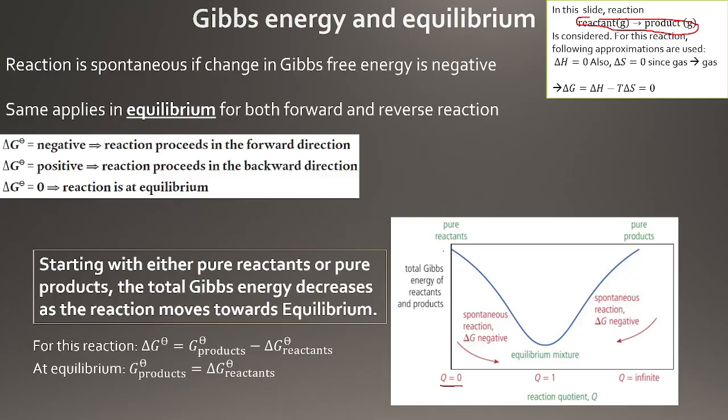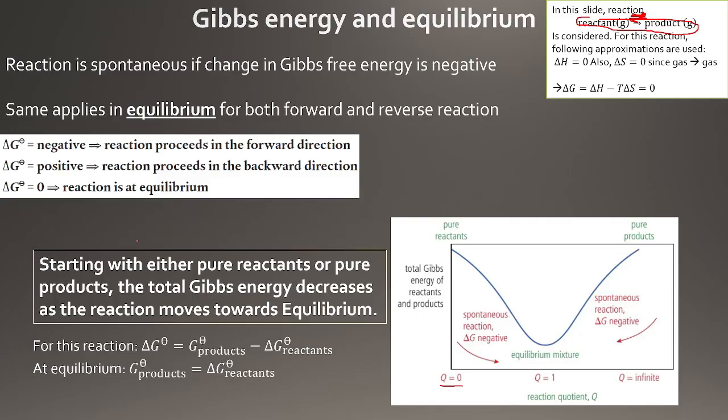But now when the reaction keeps on going, when we reach the equilibrium mixture, the point at which the entropy is at its greatest, then also the Gibbs energy reaches the minimum value. So the reaction is spontaneous when we go from pure reactants to the equilibrium mixture, or from pure products to the equilibrium mixture. So actually there should be an equilibrium arrow here. Alrighty.